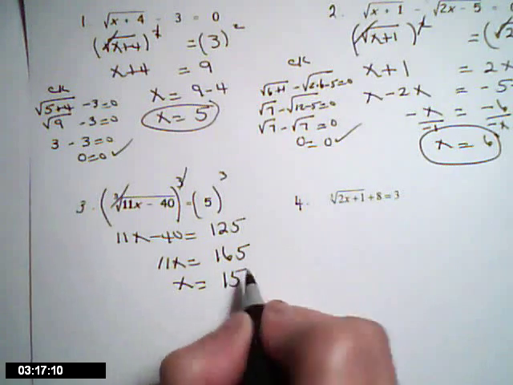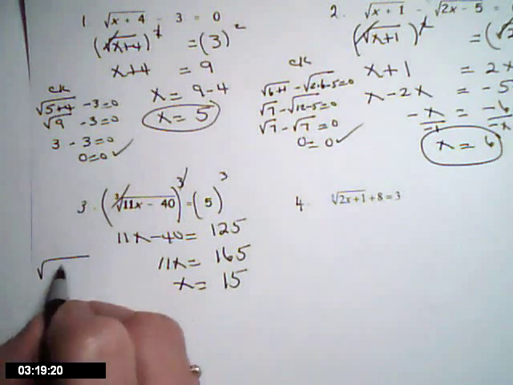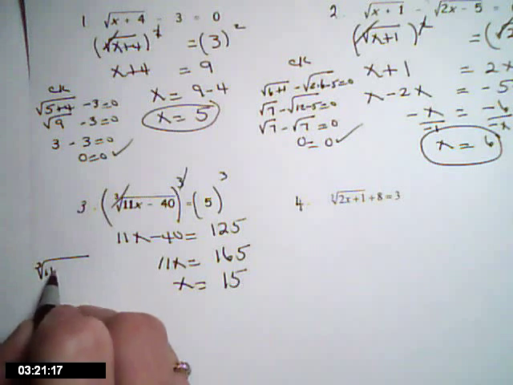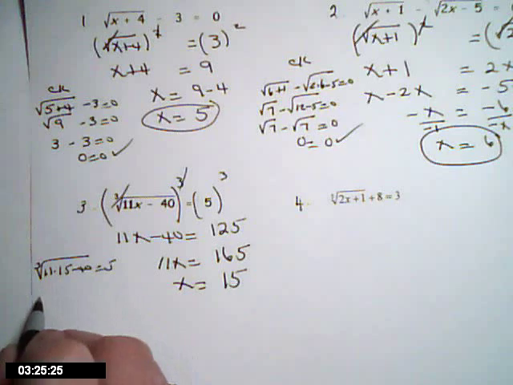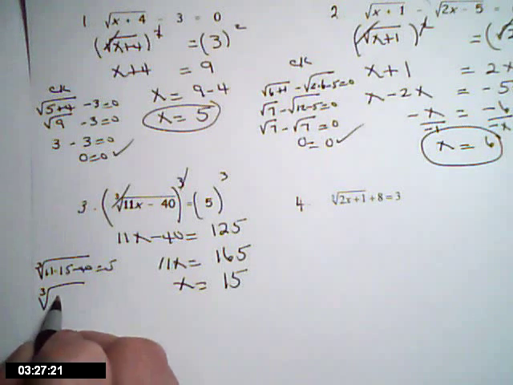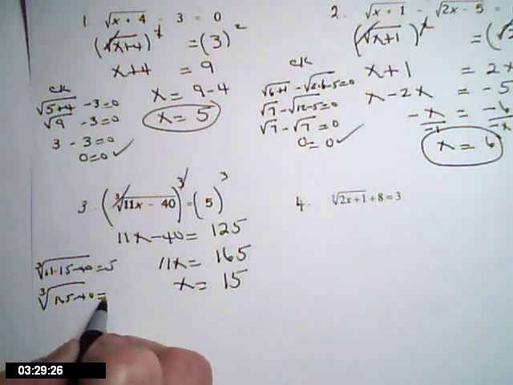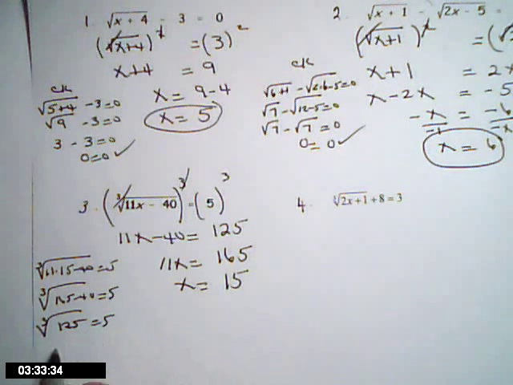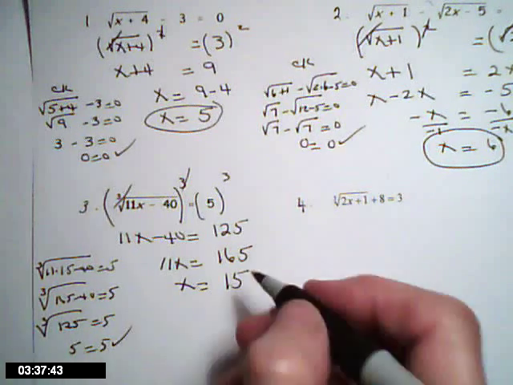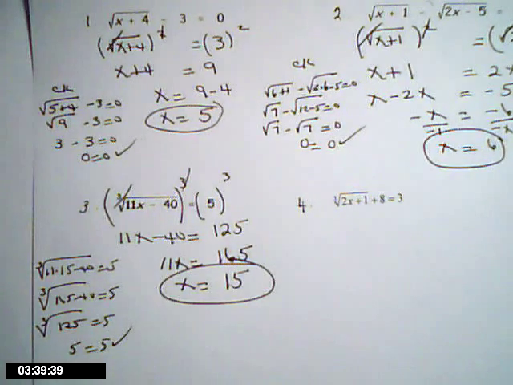Divide by 11 and you get 15. Now to check that, I've got cube root of 11 times 15 minus 40 equals 5, or cube root of 165 minus 40 equals 5, or cube root of 125 equals 5, and the cube root of 125 is 5. So my answer will be x equals 15.